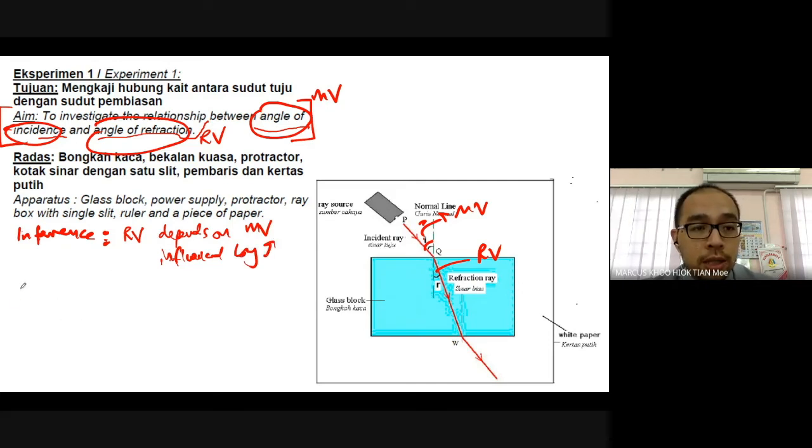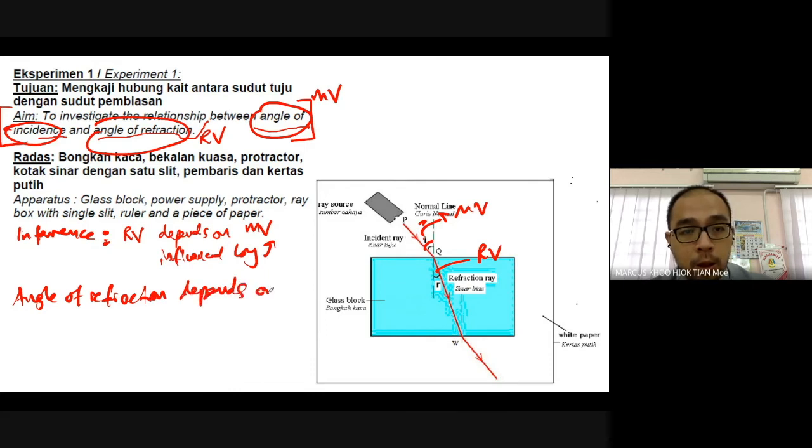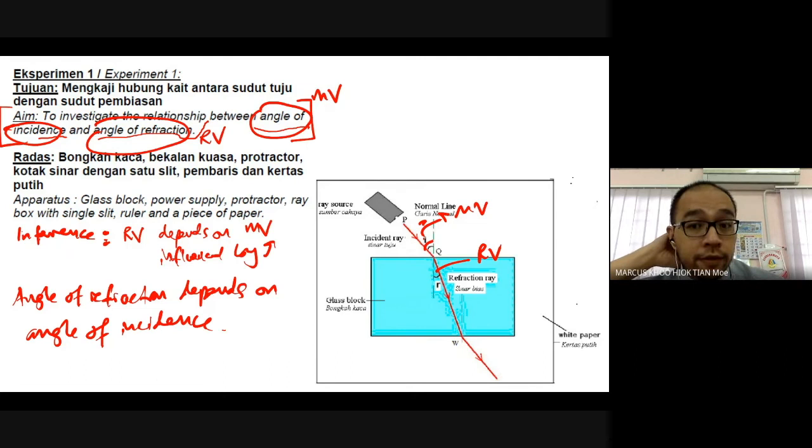So you can say the angle of refraction depends on the angle of incidence. This is how we write the inference. I think Bernardine has the idea over there. It's just that we're not using the aim. The aim should actually help us to write the inference.